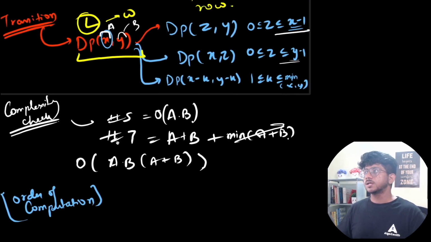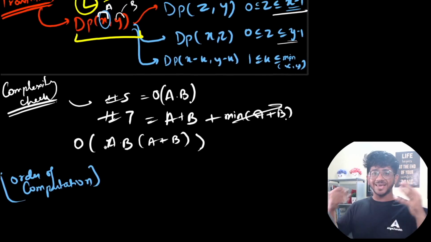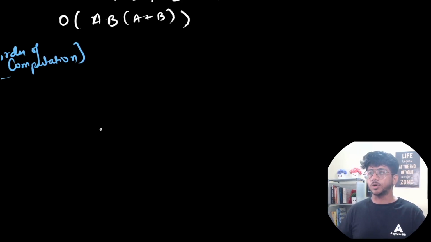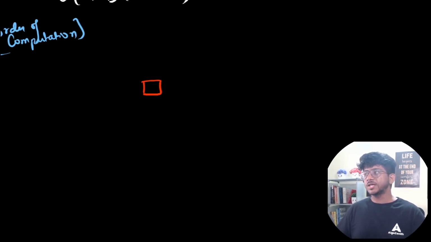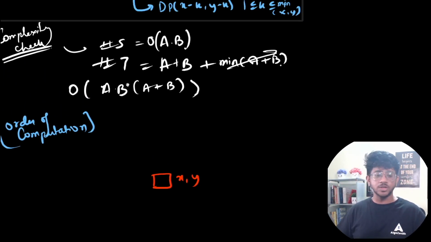Let's try to see what exactly dp of x comma y depends upon. Let's think pictorially that x comma y is a particular cell in the whole 2D matrix, since we are going to save this dp into a 2D matrix.